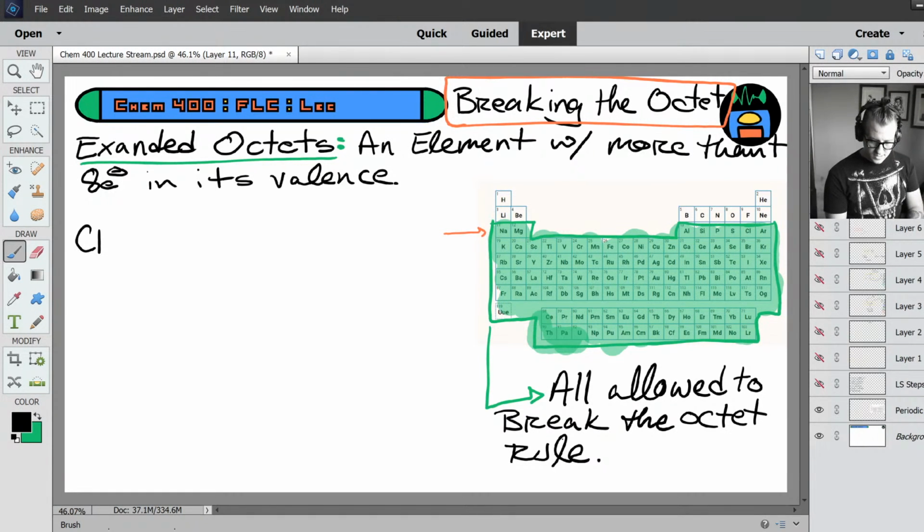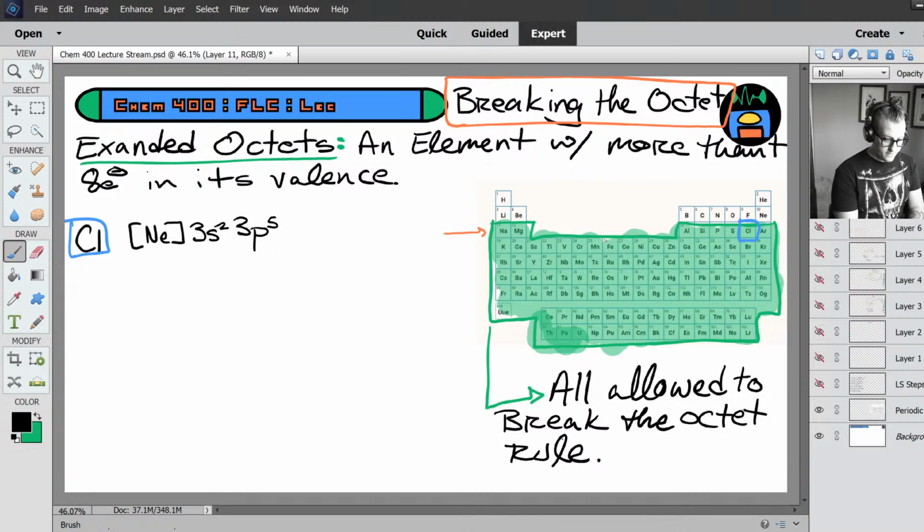All right, so chlorine's right here. Let's go ahead and write its noble gas configuration. The noble gas configuration for chlorine starts with a neon core, and then it's 3s2 3p5.